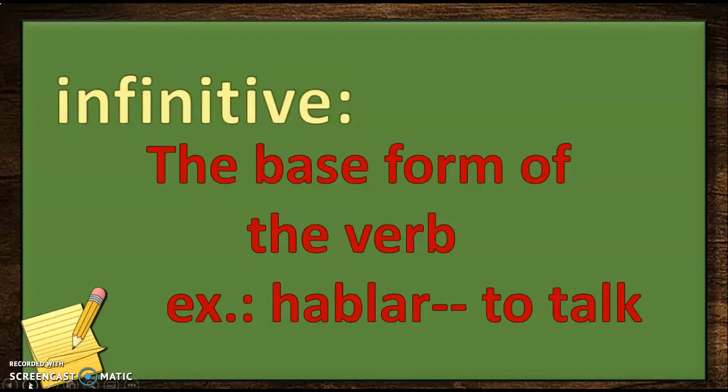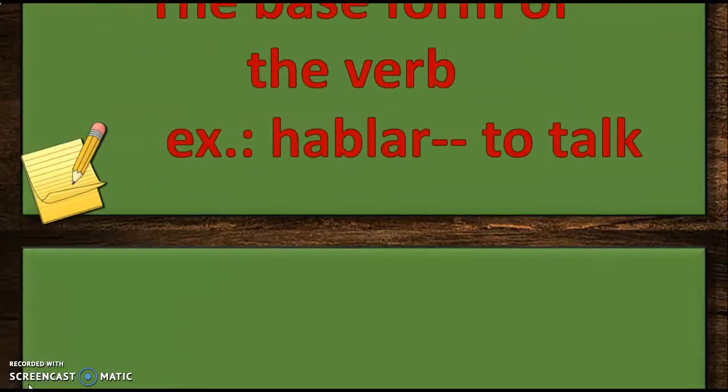In English, the infinitive always begins with the word to. For example, to talk. Dance would be to dance. The infinitive form for eat would be to eat. Your Spanish teachers will use the term infinitive all the rest of the time that you're learning Spanish, so make sure you have that one written down in your notes.